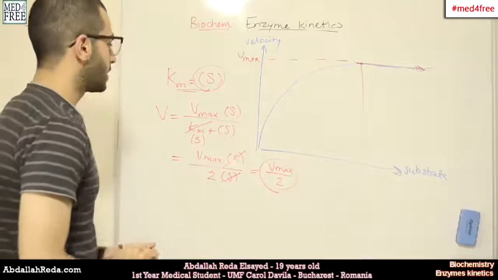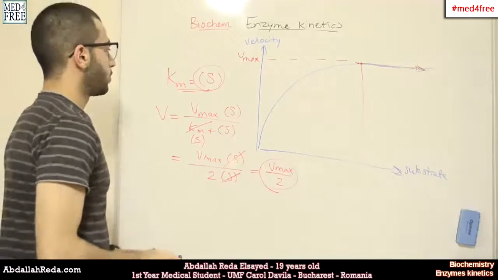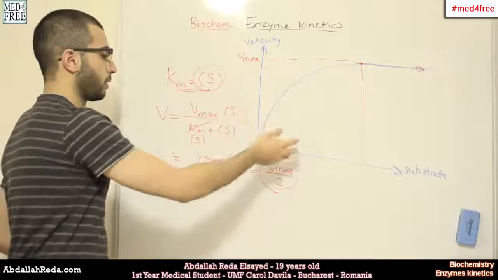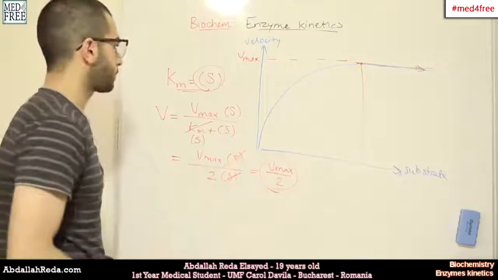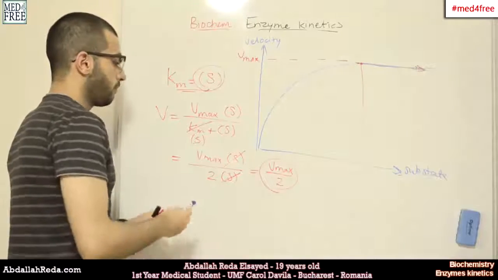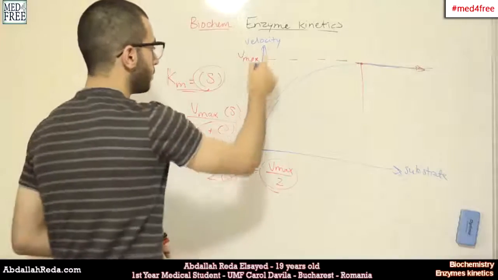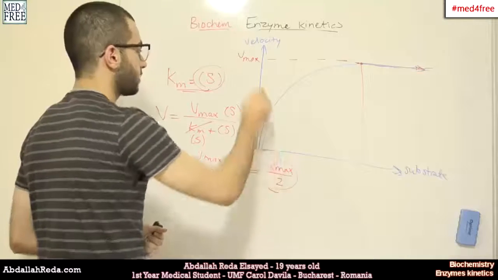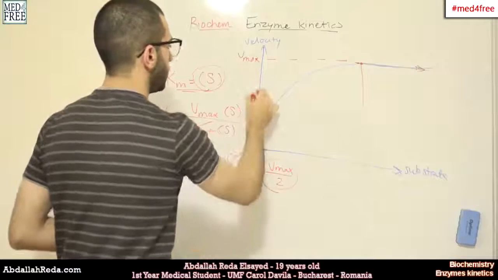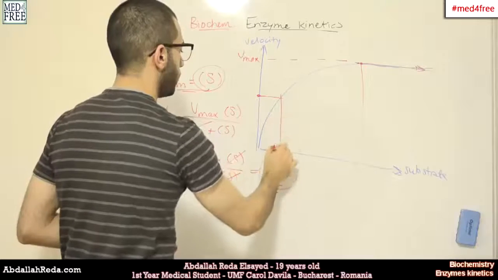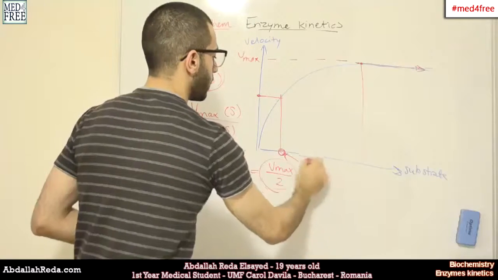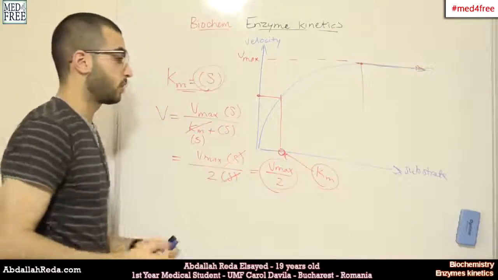So what this means is, to find when the Michaelis-Menten constant equals the amount of substrate, we simply go to the point which is half the Vmax, and we plot the Km. This is where the Michaelis-Menten constant equals the substrate.